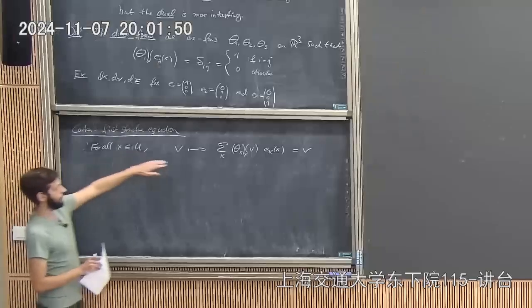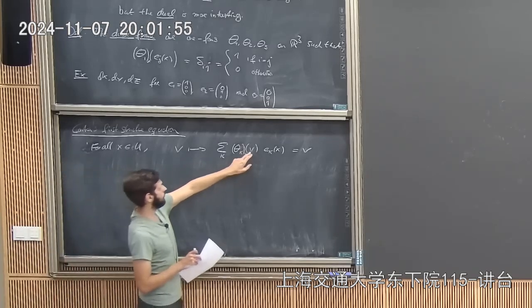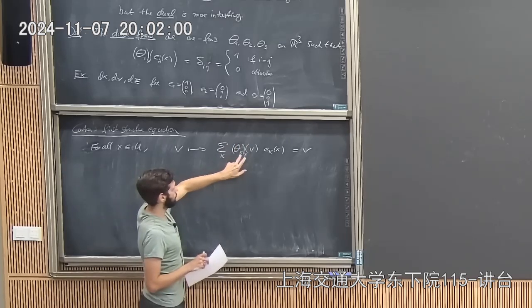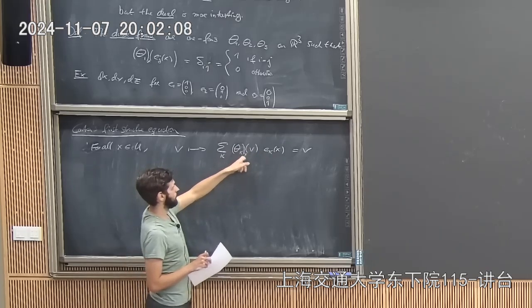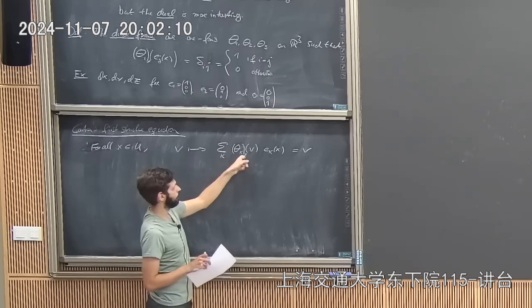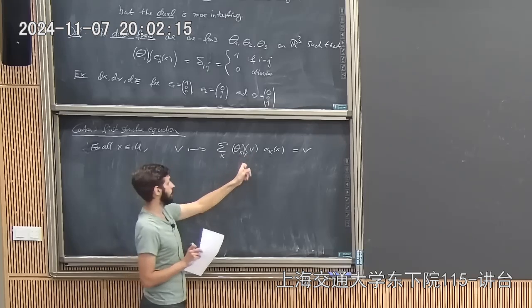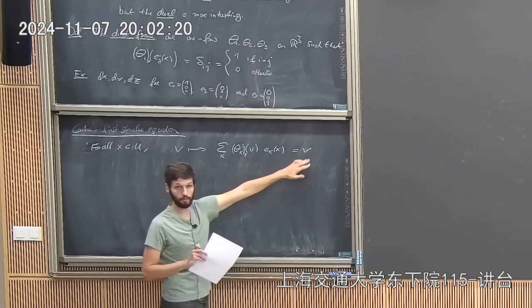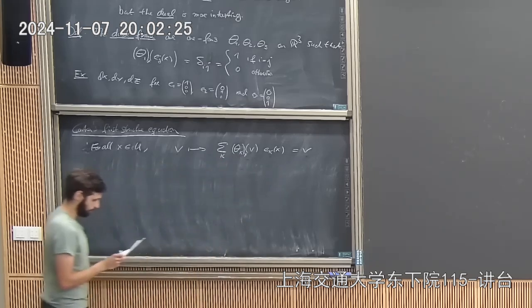The way we can do that is we have to check it for e_1, e_2, and e_3. If you plug in e_1, then the only contribution would be where k is equal to 1, then this term is 1, and then we get e_1 back. Similarly, we can do it for e_2, then k has to be 2, and for v equal to e_3, you have to plug in k equal to 3. So it's a function that sends v to v itself, using the dual basis as the important ingredient.